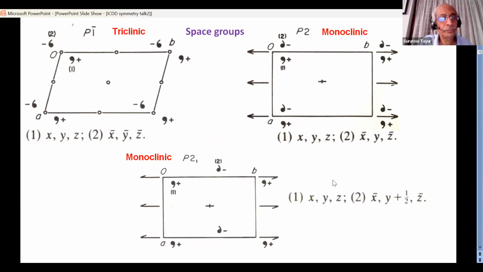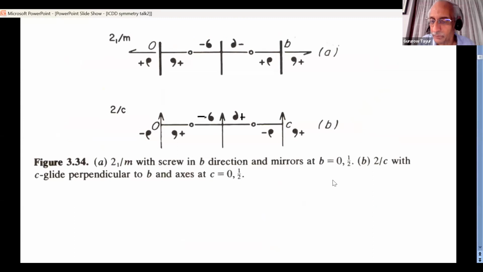We will have certain other examples where we can combine different things, like P21 and a mirror perpendicular to that. This now belongs to the monoclinic symmetry, where 2 by m is the point group. P21 by m is now a special case in this space group.